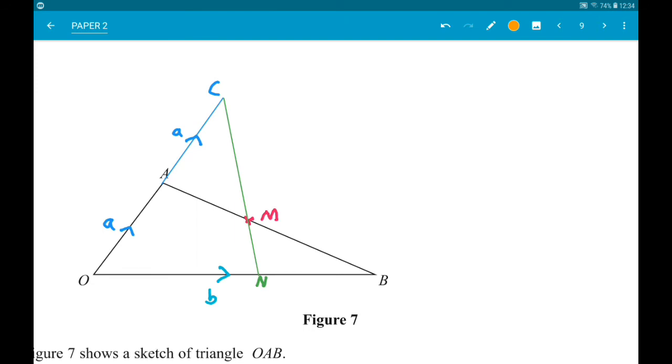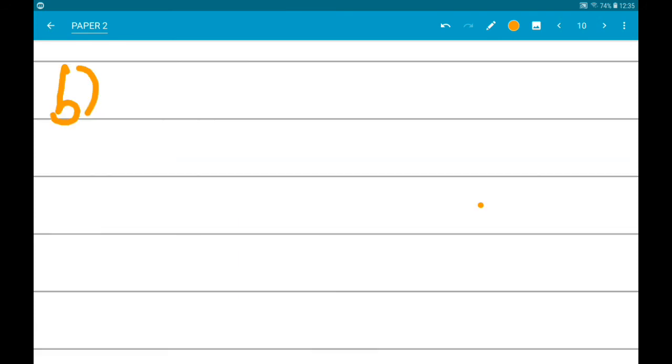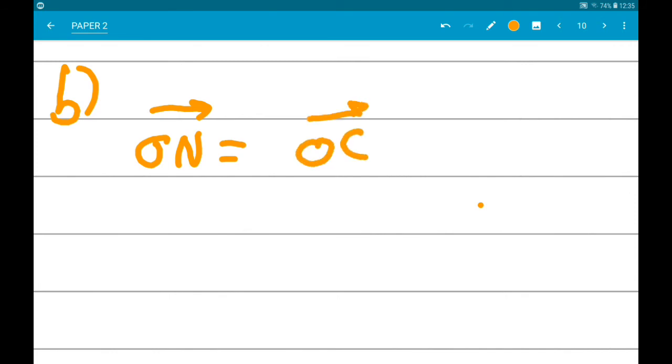We don't know what that amount is. That's where a lambda comes in. So, ON is OC plus lambda CM.